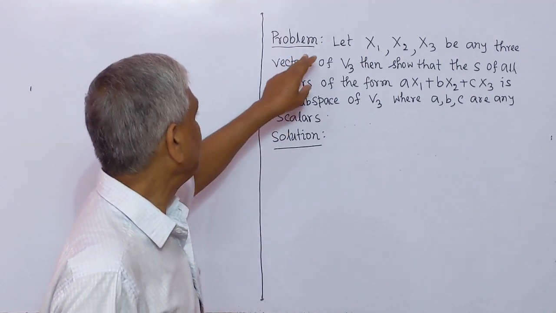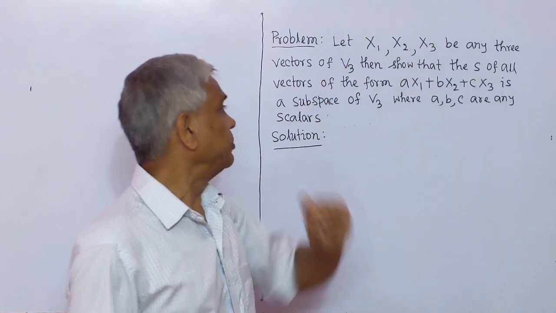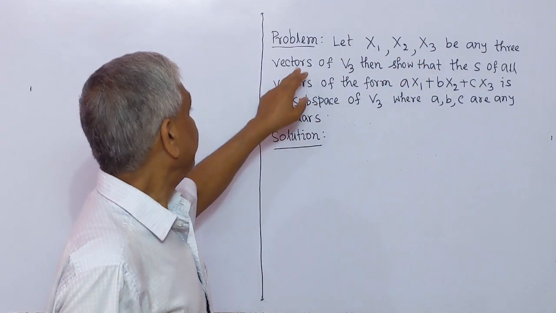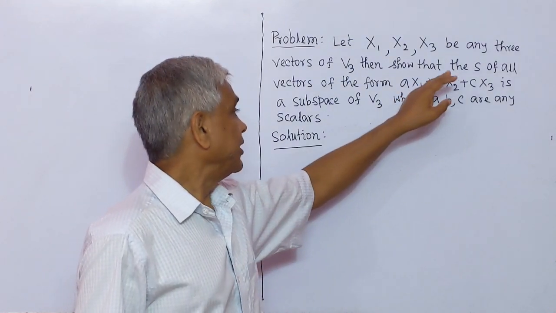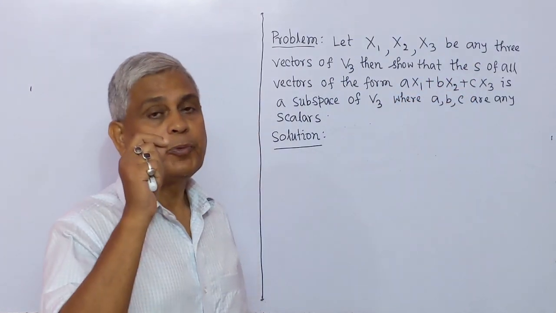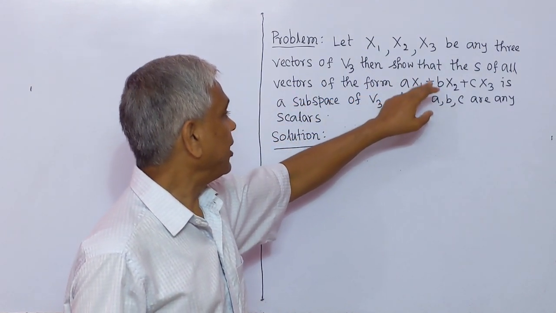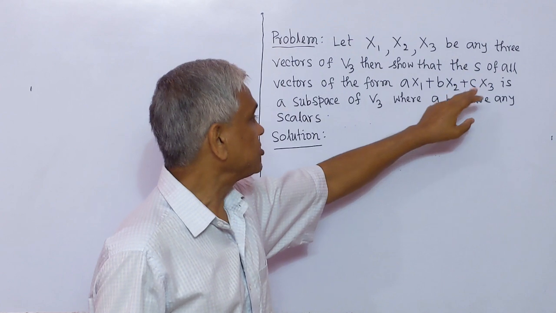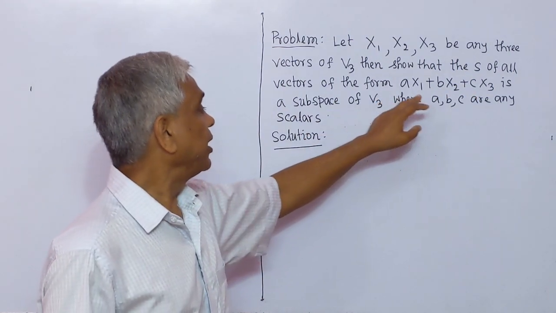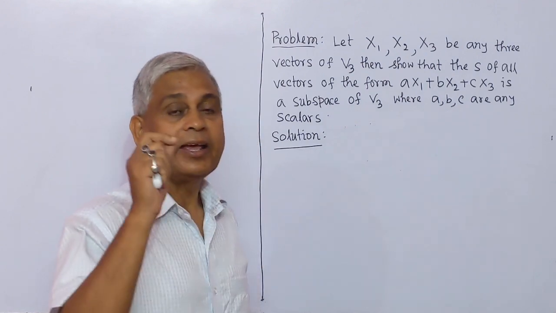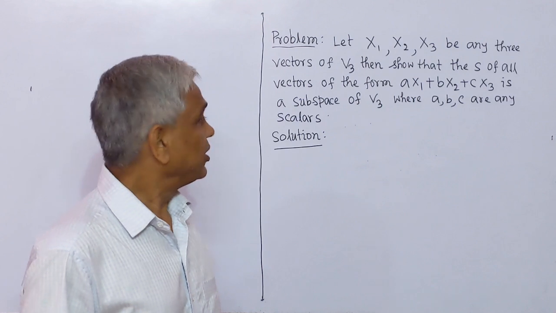Next problem is: let capital X1, capital X2, capital X3 be any vectors of V3. Then show that the set S of all vectors of the form Ax1 plus Bx2 plus Cx3 is a subspace of V3, where A, B, C are any scalars. Now we solve this.